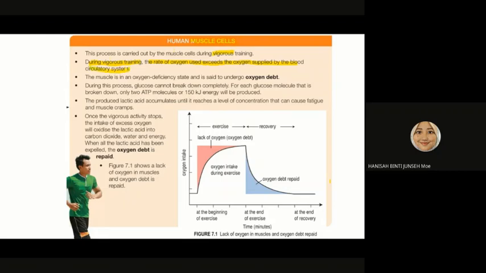Maksudnya, yang supply sedikit tapi kita guna banyak. So there's a moment where the muscle is in an oxygen deficiency state. Maksudnya kurang. Deficiency ni maksudnya kurang. Less oxygen.